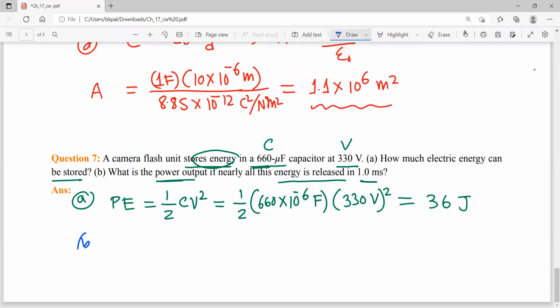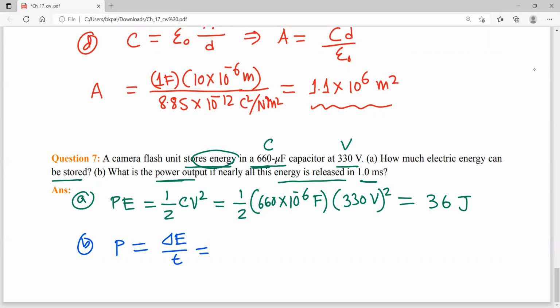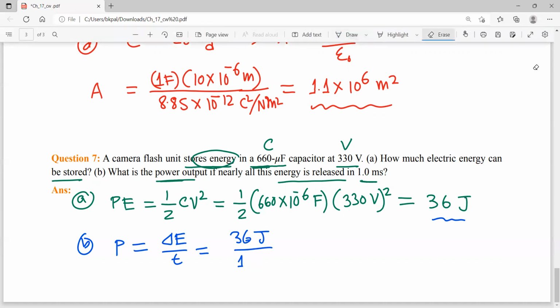Then what is the power output? Power is the change in energy with respect to time, or the work done with respect to time. Here the change in energy is basically the potential energy we got here. The energy change is this, and the time is 1 millisecond, and milli means 10 to the power minus 3 second.